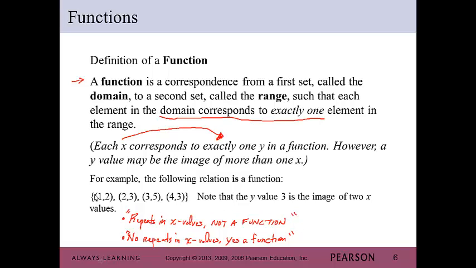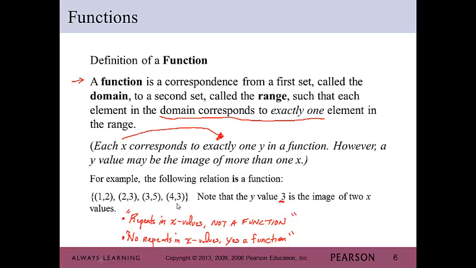Here's an example. They have the relation, a set of ordered pairs (1, 2), (2, 3), (3, 5), and (4, 3). And they say, note that the y value 3 is the image of two x values. So what do you see here? I see 2 go into 3 and 4 go into 3.